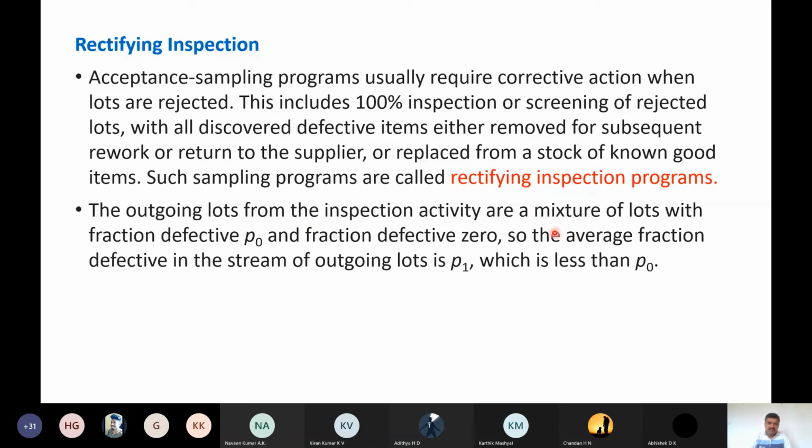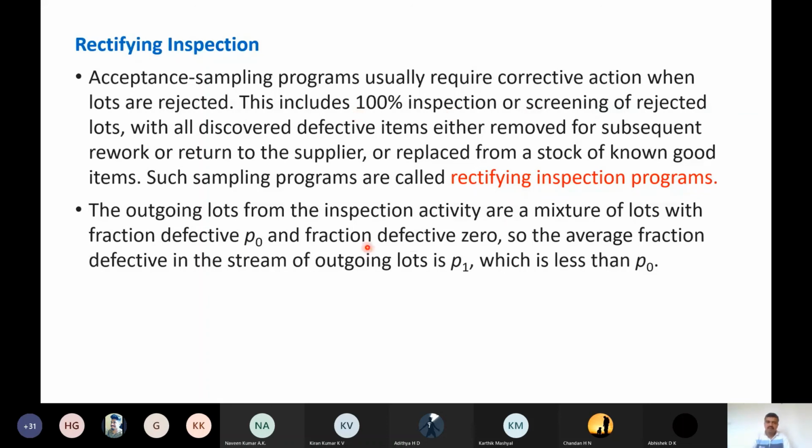Lots with fraction defective 0 means the lots which are subjected to rectifying inspection programs. These lots will not have even a single defective because they were subjected to 100% inspection. There will be no defective in these lots. So the average fraction defective in the stream of outgoing lots is p1, which is less than p0.